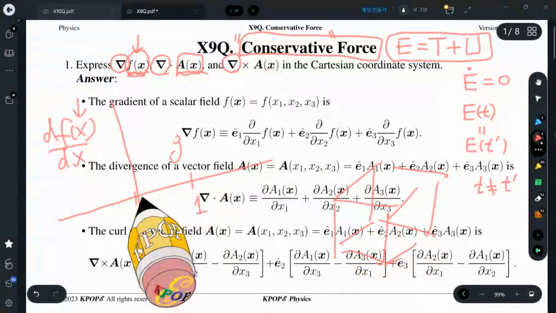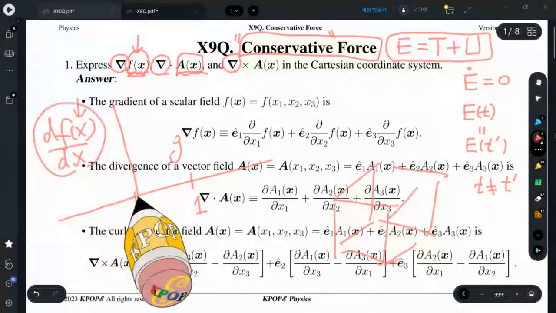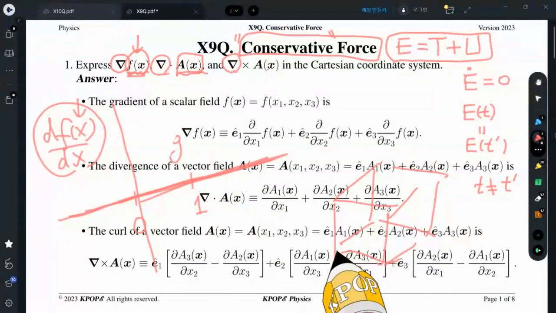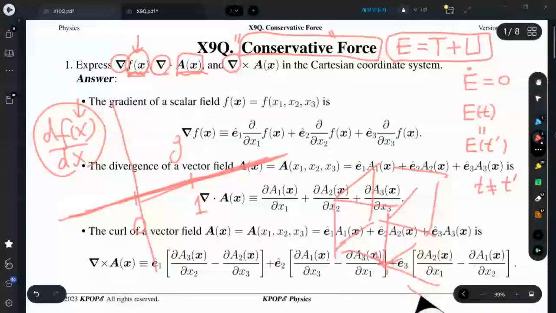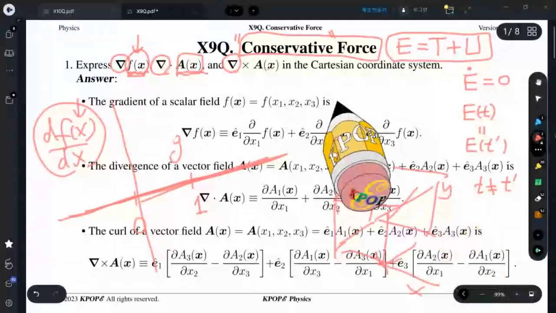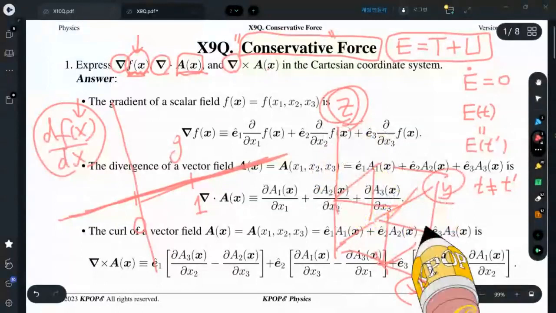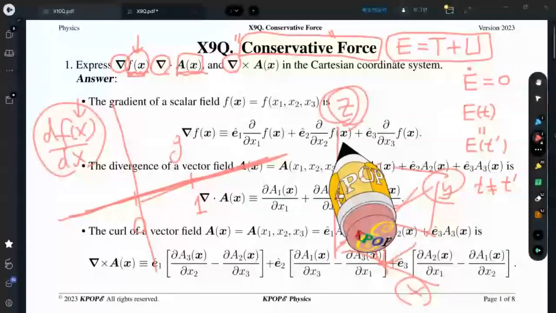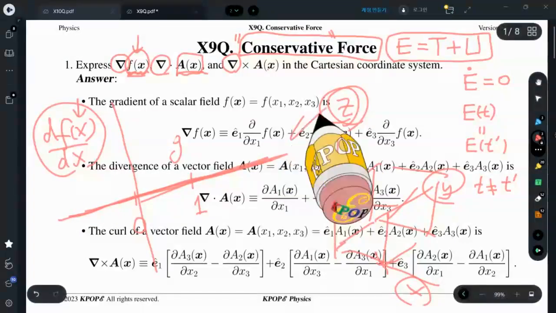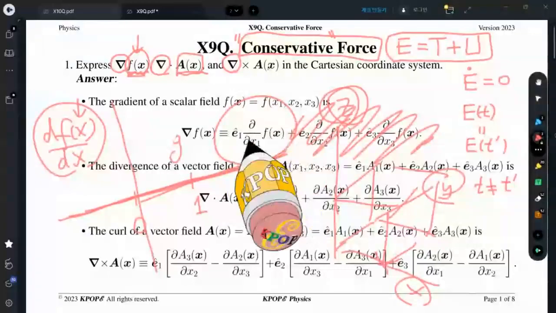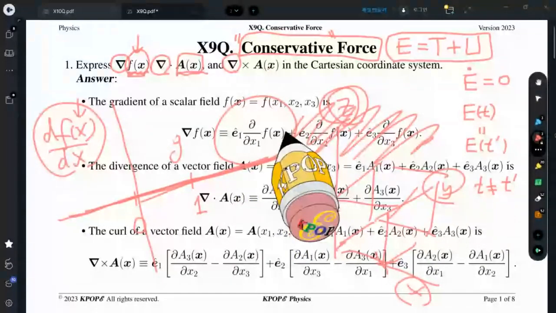In our life, we are living in the three-dimensional world. So when I take the derivative, I need to consider all three directions independently. If you erase these two, you are left with a single dimensional derivative.